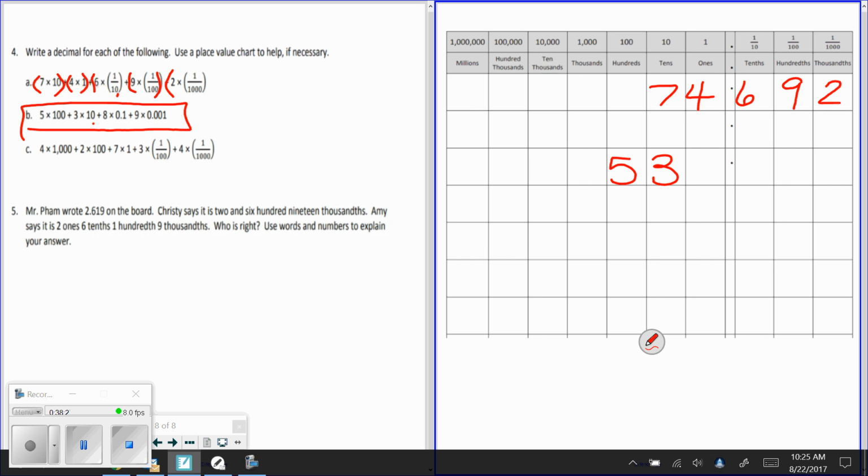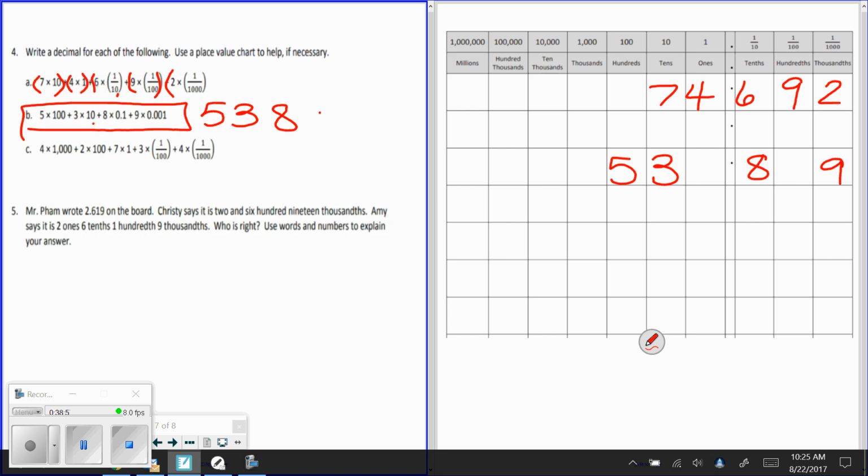So 8 needs to go here. But I know a lot of people who would write 8 there, and I totally get the wrong thing. 9 times 1/1000. So it should go there. So if you don't have the place value chart, I would get a number that looked like this. Is that what the number's supposed to look like? No. So, place value chart.